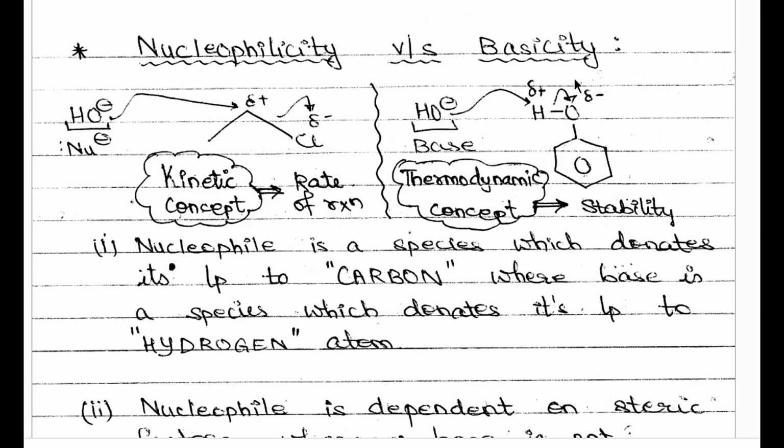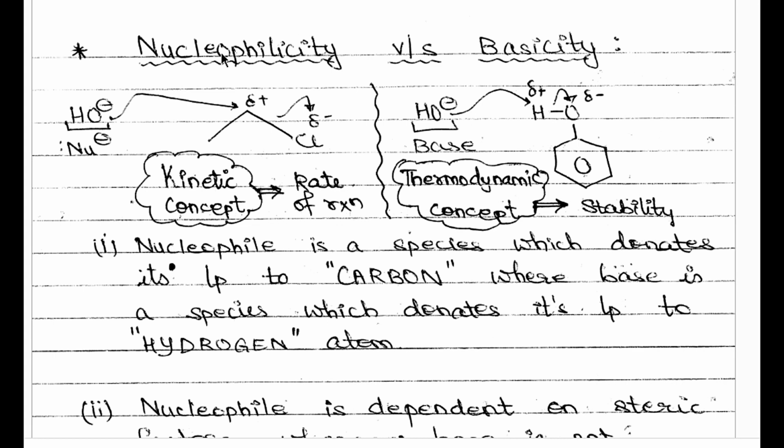First, let's understand the difference between a nucleophile and a base. In general, a nucleophile is any negatively charged or neutral species having a lone pair, and its ability to donate the lone pair decides its strength.